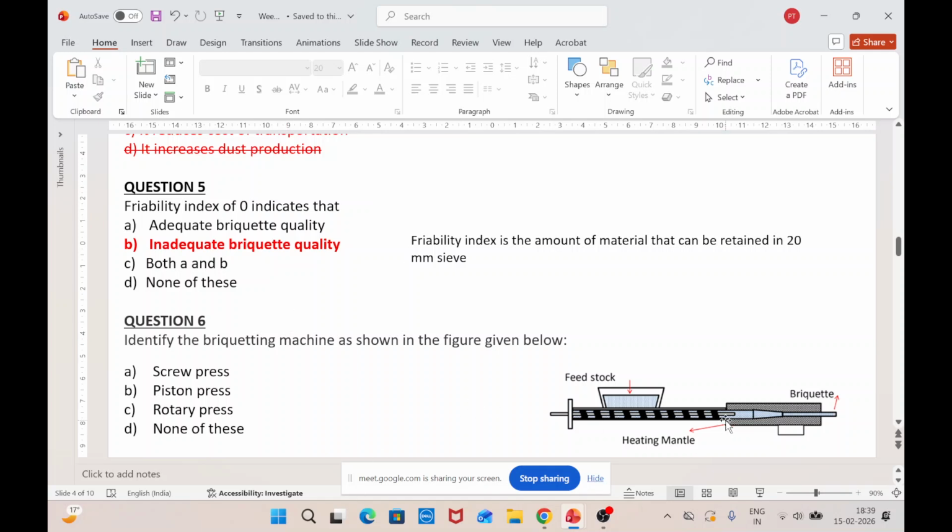Based on that, identify whether this briquetting machine is a screw press, piston press, rotary press, or none of these.